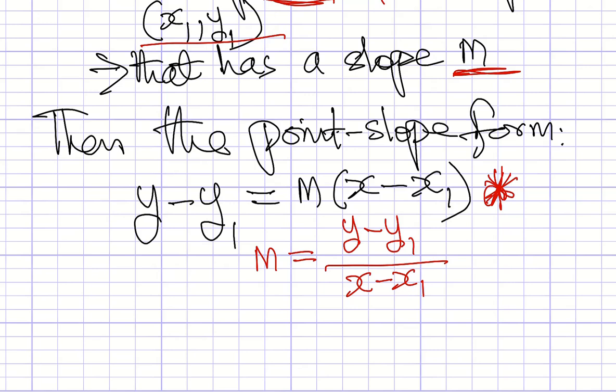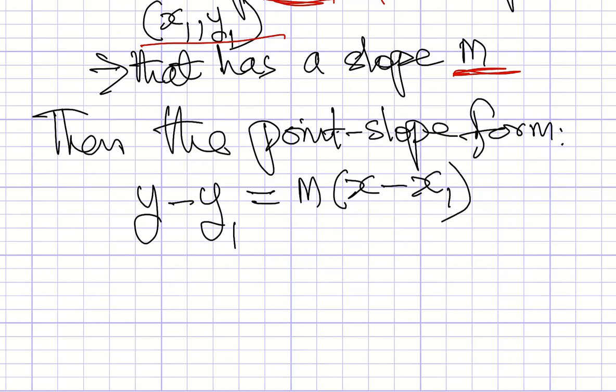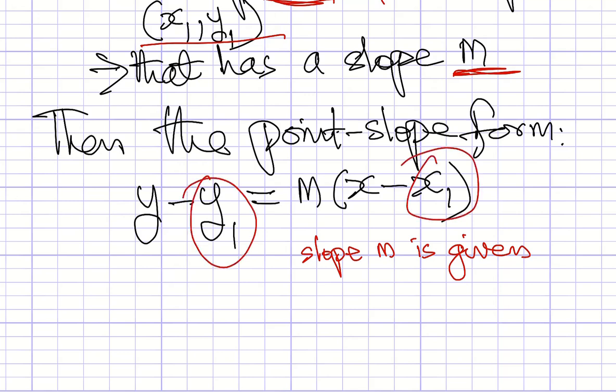But note carefully what is given, and what is not given. Notice carefully that slope m is given, and these points, x1 and y1, are given too.